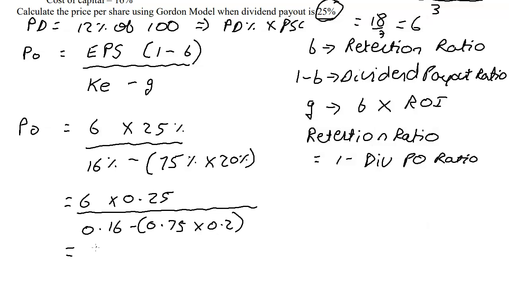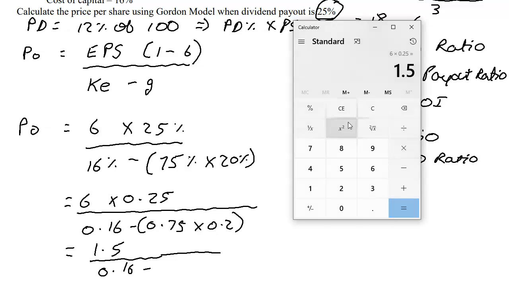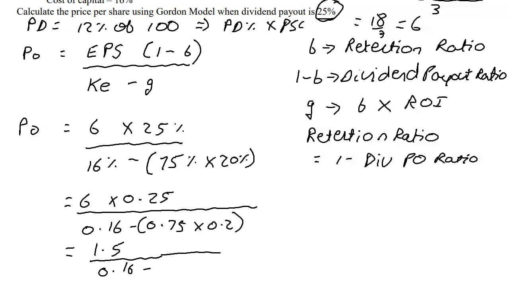So we have 1.5 upon 0.16 minus the product of 0.75 and 0.2. So 0.75 and 0.2 gives you 0.15.